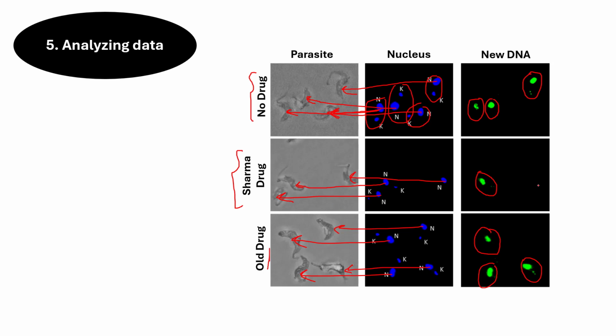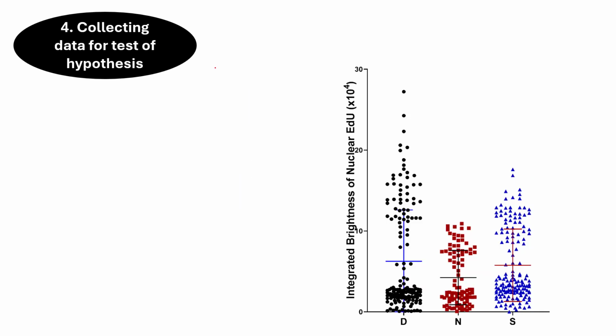That means we had to analyze this data, and we saw that in the group that was not given any drug and in the group that was given a different drug, there was almost equal amount of DNA synthesis. But in the drug that Sharma or I was using, we saw a reduction in DNA synthesized.